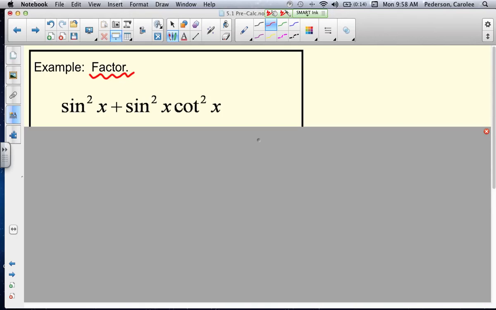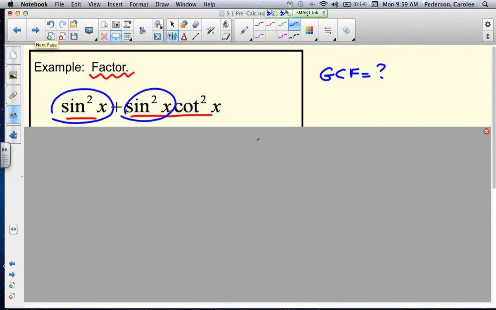What's the first thing we do when we factor? We look for what? The greatest common factor. Is there a greatest common factor between these two pieces? What's in common with this piece of the expression and that one? Is there a GCF? Yep, I can take this piece out and this piece out, correct?